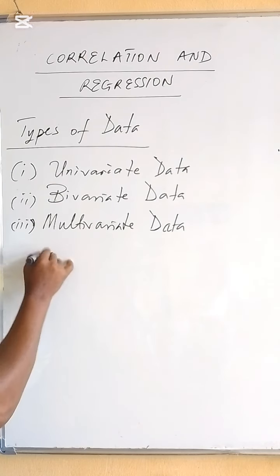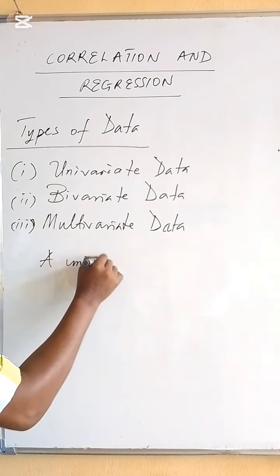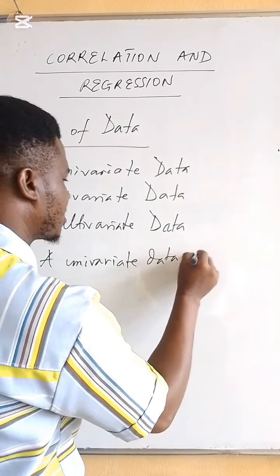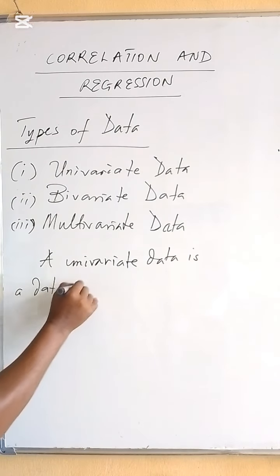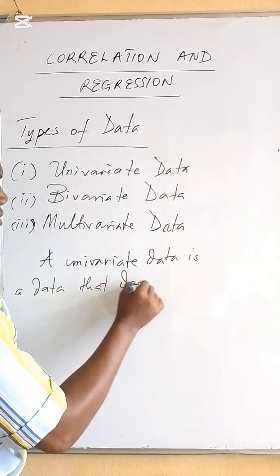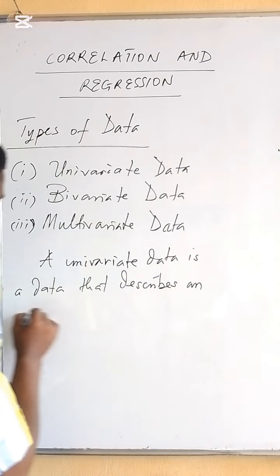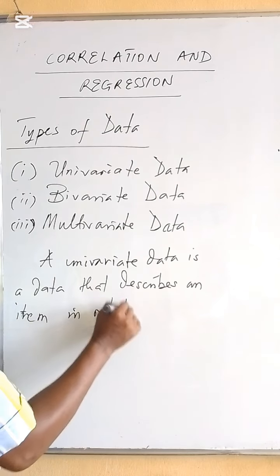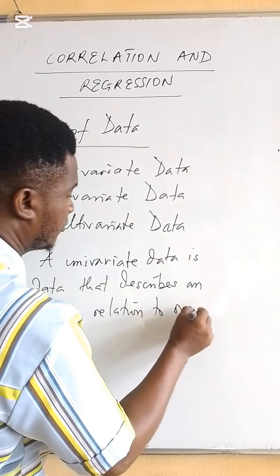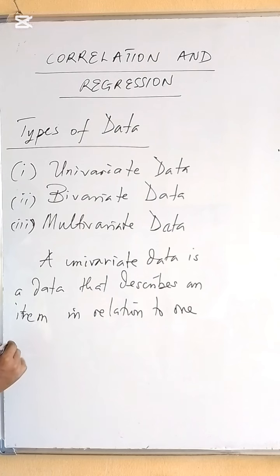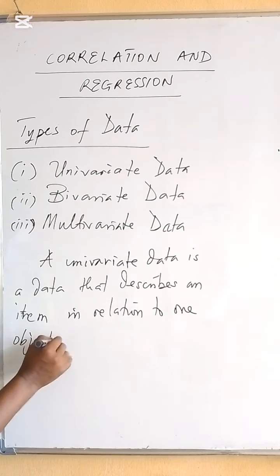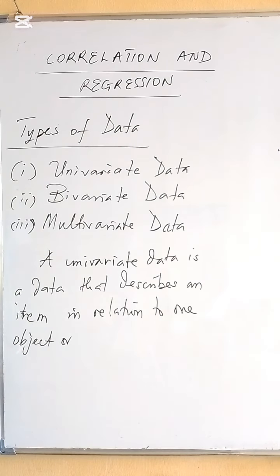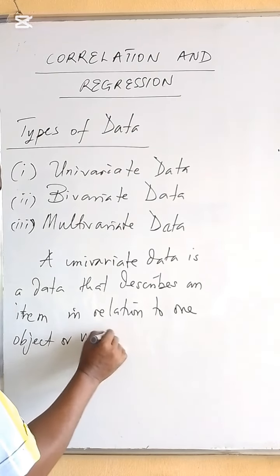What we call a univariate data is a data that describes an item in relation to one object, or you could even call it a variable in question.